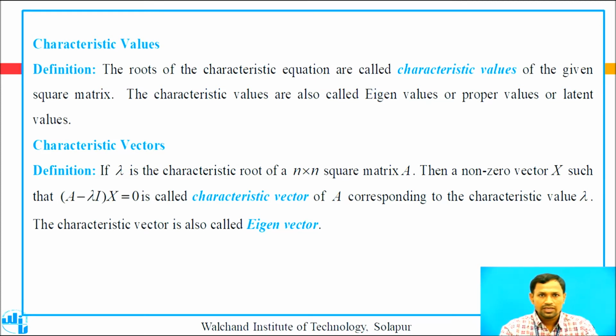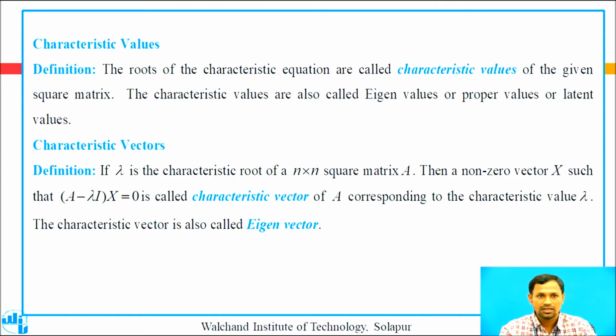The roots of the characteristic equation are called characteristic values of the given square matrix. The characteristic values are also called the eigenvalues or proper values or latent values.